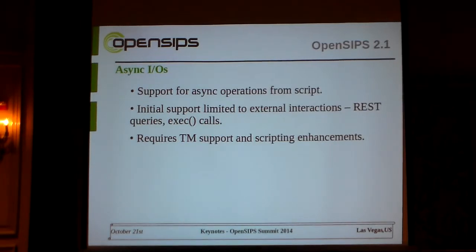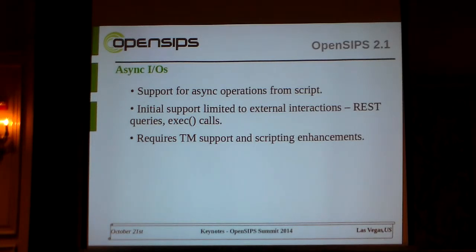With asynchronous operations, the first step is about supporting asynchronous operation from the script. Like you trigger maybe a RESTful query, or you do a database operation, or you execute an external script, and you don't want your OpenSIPS blocking and waiting for that external operation.